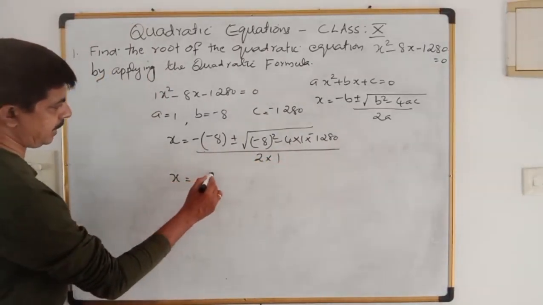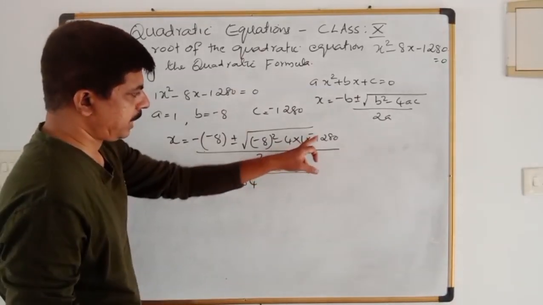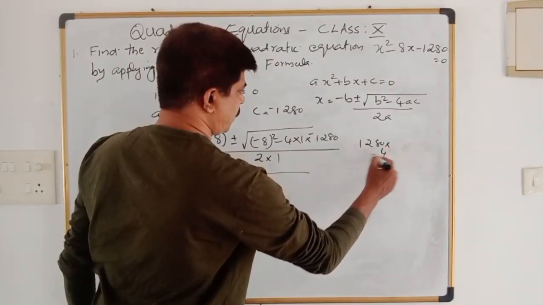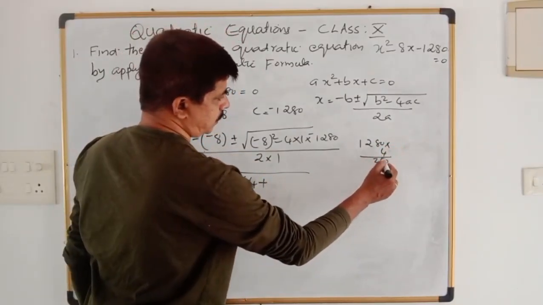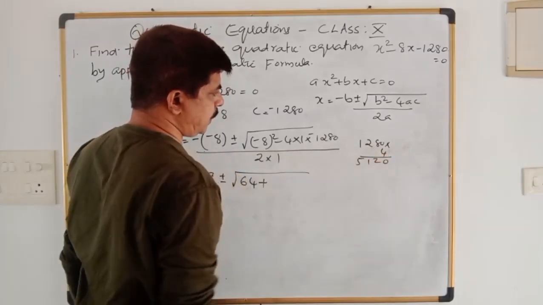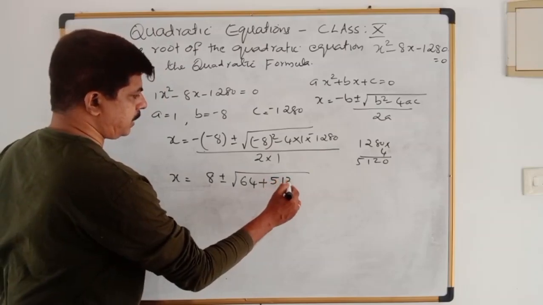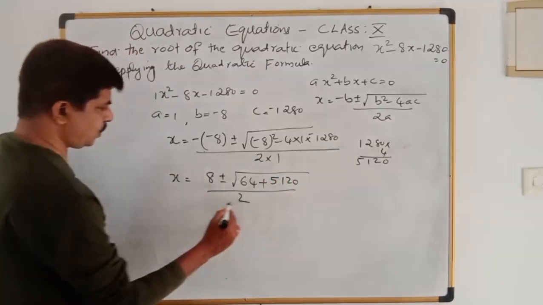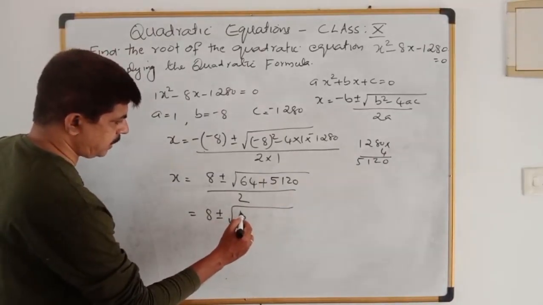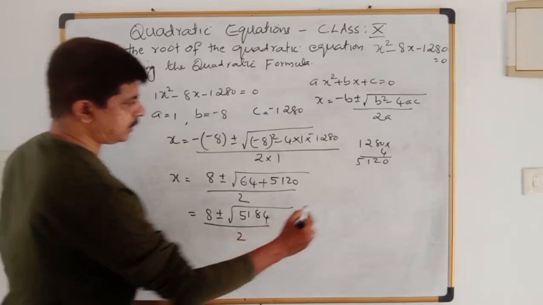So we are getting 8 plus or minus root of 64, minus 4 times negative 1280, which is 5120. So 8 plus or minus the square root of 5184, divided by 2.